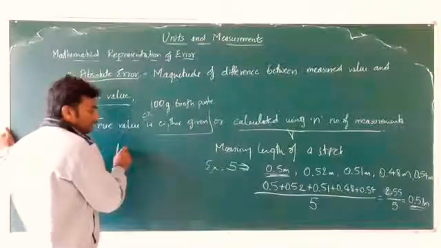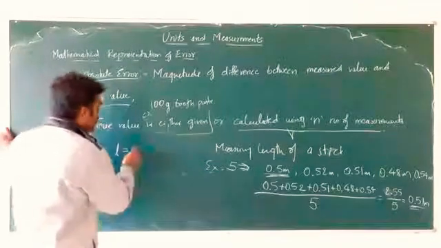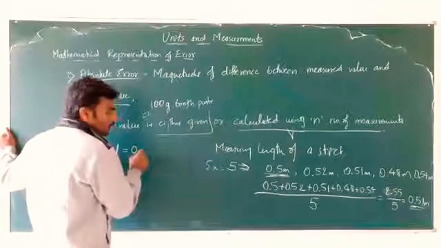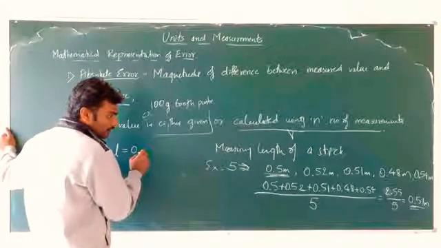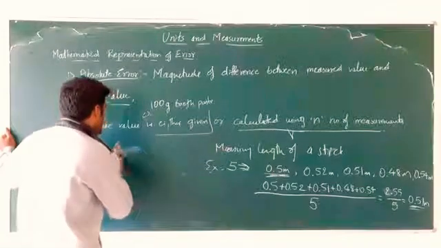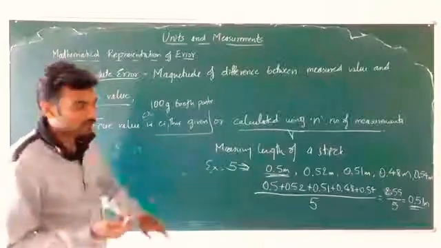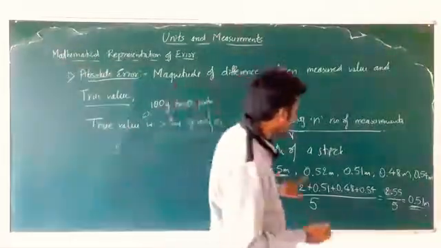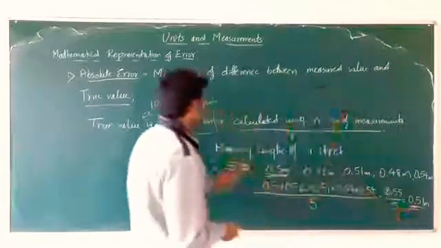And the true value is 0.51, right? What is the error between them? What is the error in the first measurement? You should look for the error in the first measurement. The difference between these two, that itself is the absolute error.